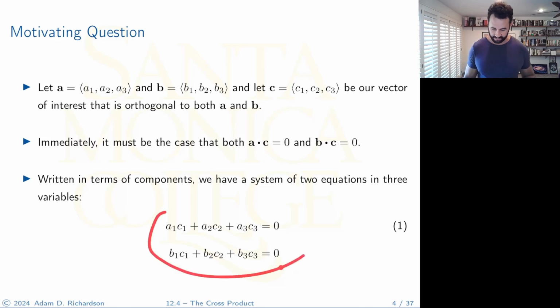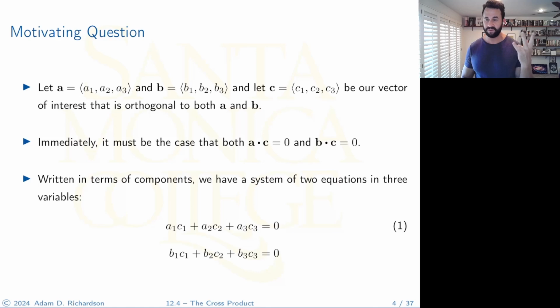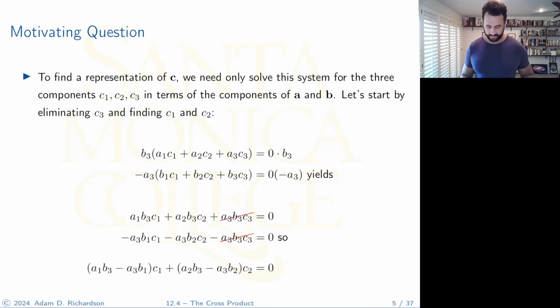If we write that out in terms of components, we get this system of equations right here. This is a system of two equations in three variables. There are three variables here, but only two equations. So if we want to find a representation of C, all we really need to do is a bit of algebra. It might be a little bit messy, but it's just a little bit of linear algebra, frankly.